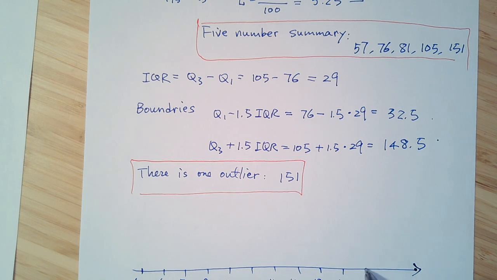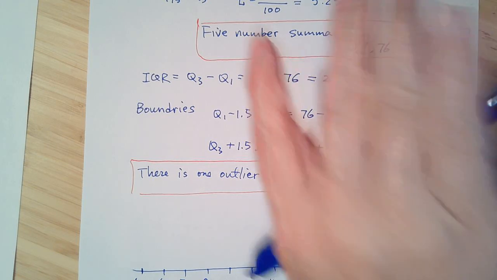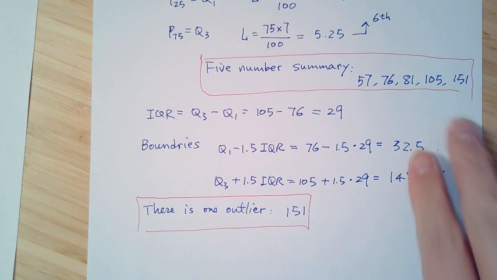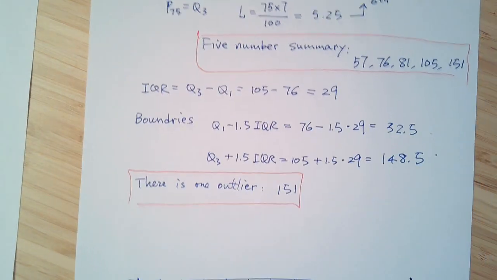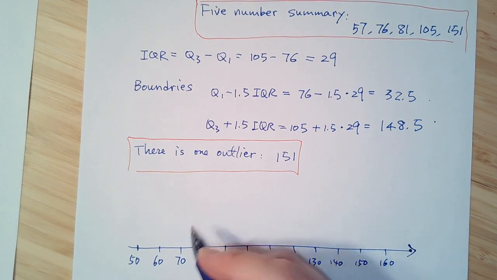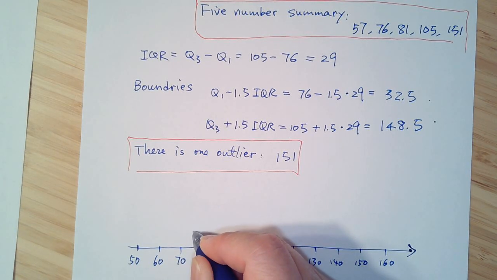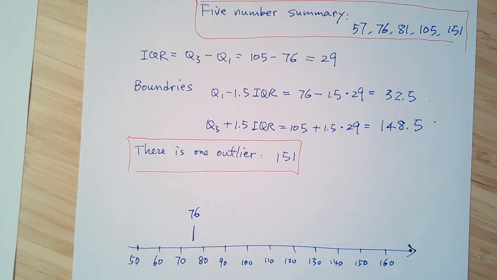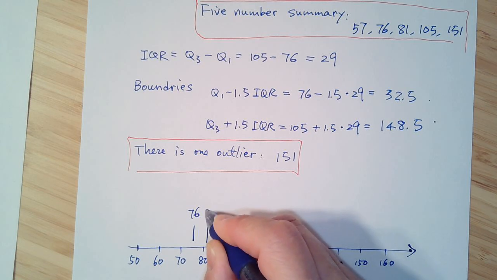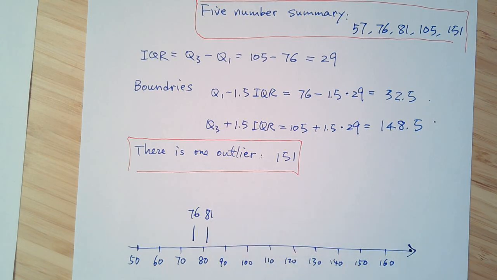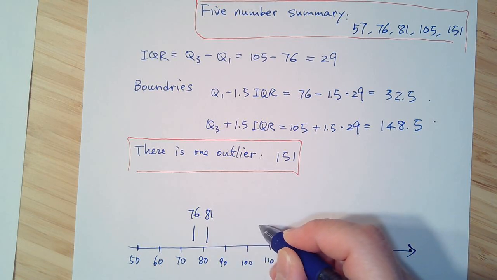I need to get 3 bars for Q1, Q2, Q3. So 76, 81, 105. All right, now 76 is slightly to the right of the middle. Now you see why I prefer to write a number on top, right? Now Q2 is 81, so that is 81. And Q3 is 105, so that's fairly okay. That is 105. It's right in the middle between 100 and 110.